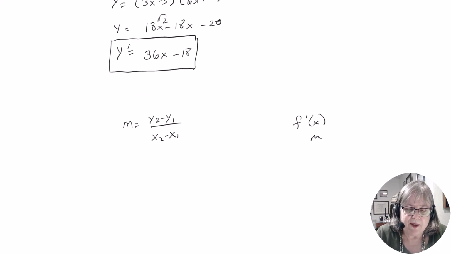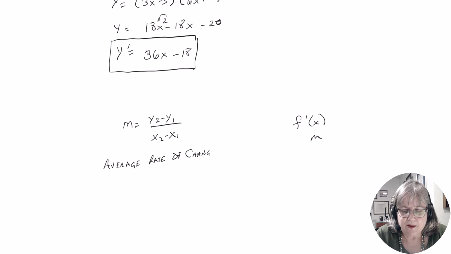This one, though, is when they talk about an average rate of change, sometimes they just call it the rate of change, then this is the way you approach the slope. You would find yourself 2 points. You would calculate the slope the way you did in algebra class.